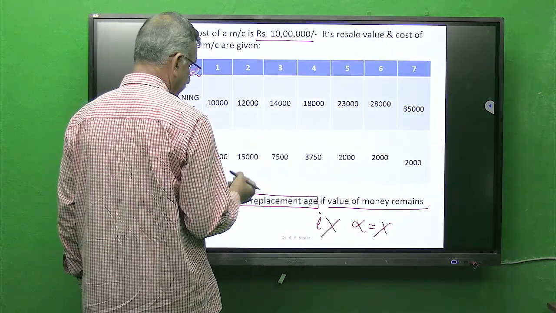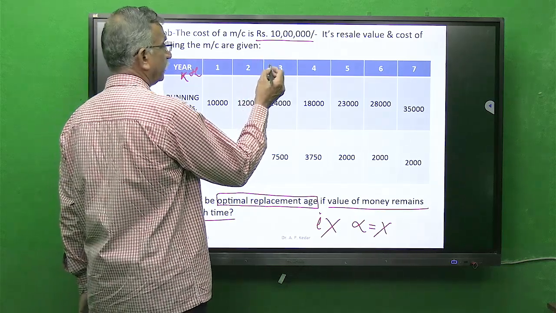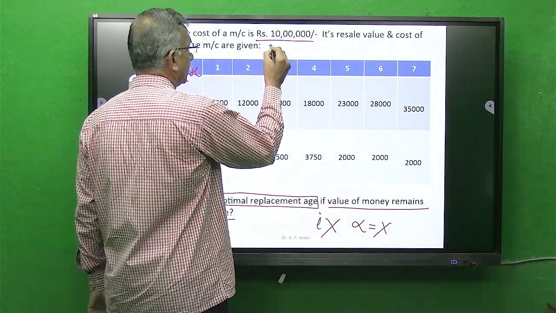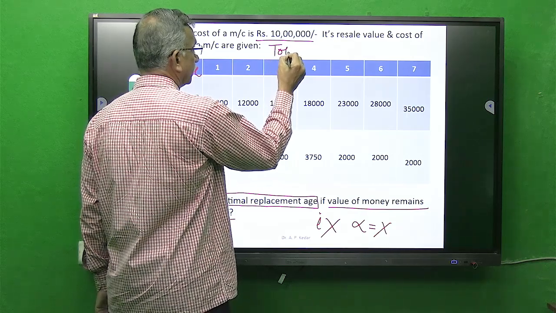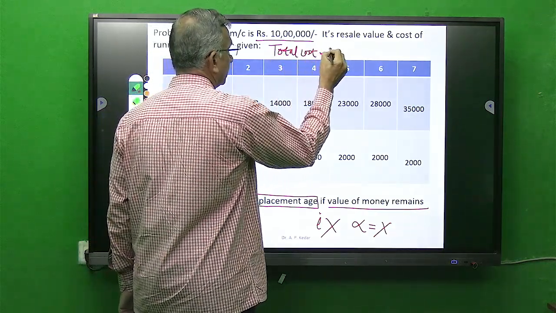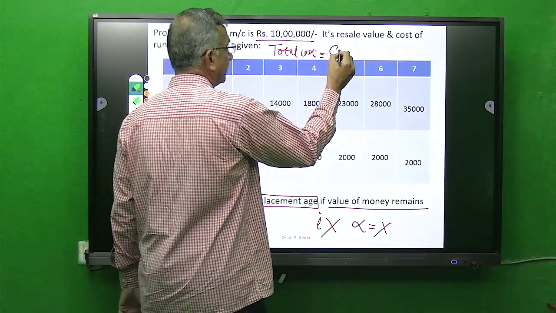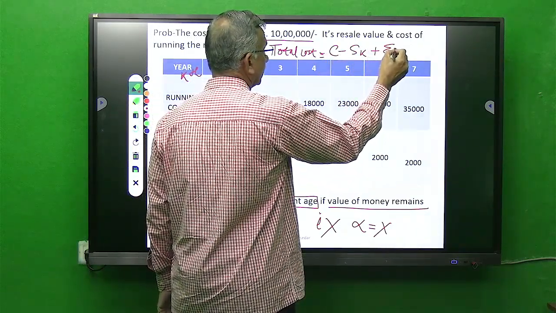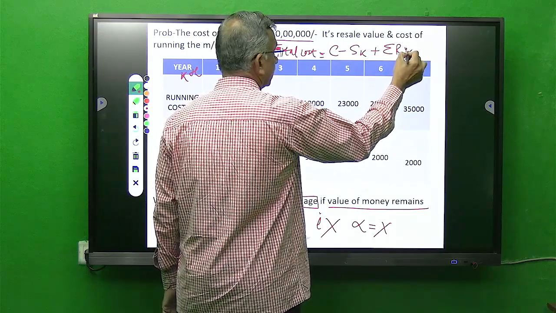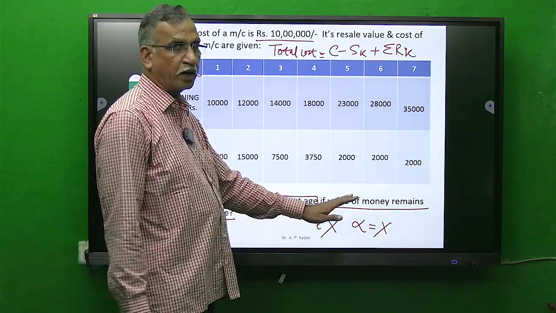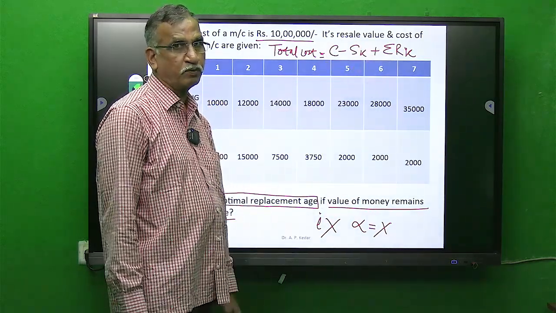Again, I will write here the formula for finding total cost. Total cost we find by the relationship C minus SK plus summation RK. Since there is no presence of I, there is no presence of alpha.